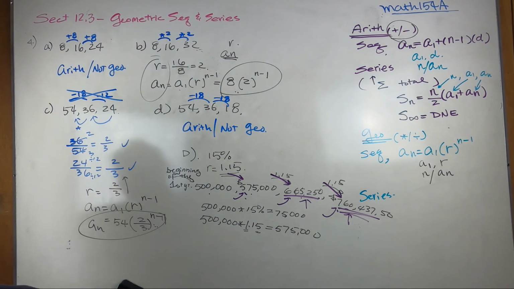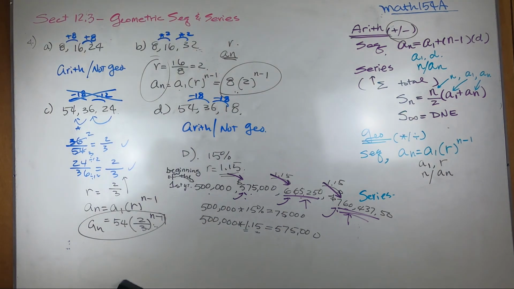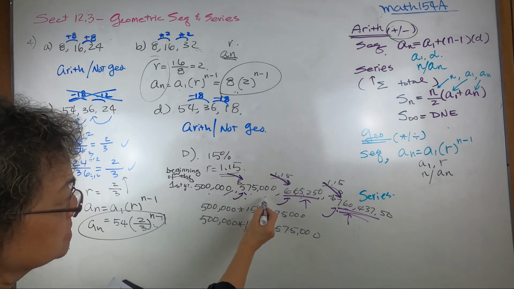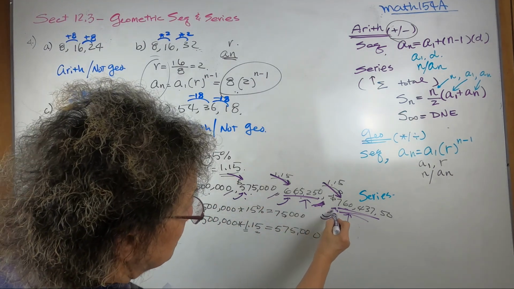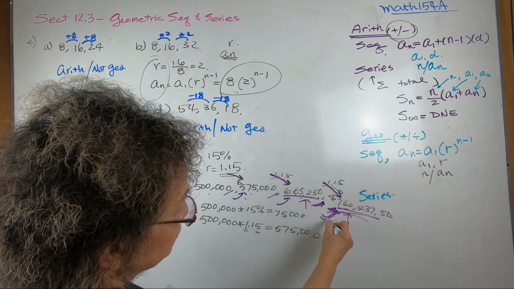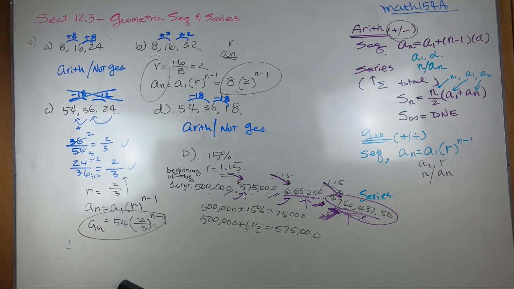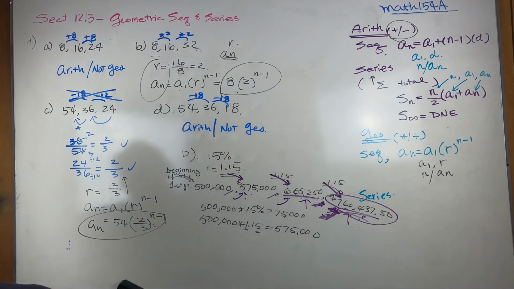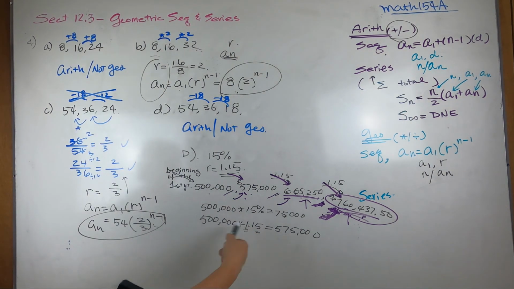So the question was what? Find the value at the end of the 3rd year. End of the 1st year, end of the 2nd year, end of the 3rd year is what? Beginning of the 4th year. So actually, the value should be this one. It's almost a $100,000 difference, right? You better know how to count your money if you are a real estate agent.